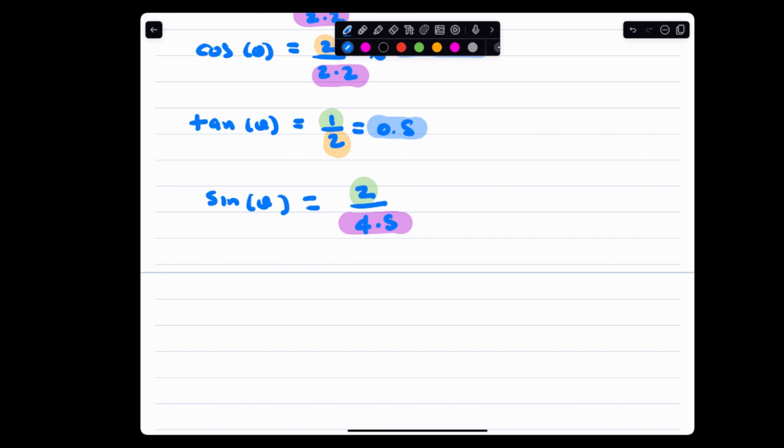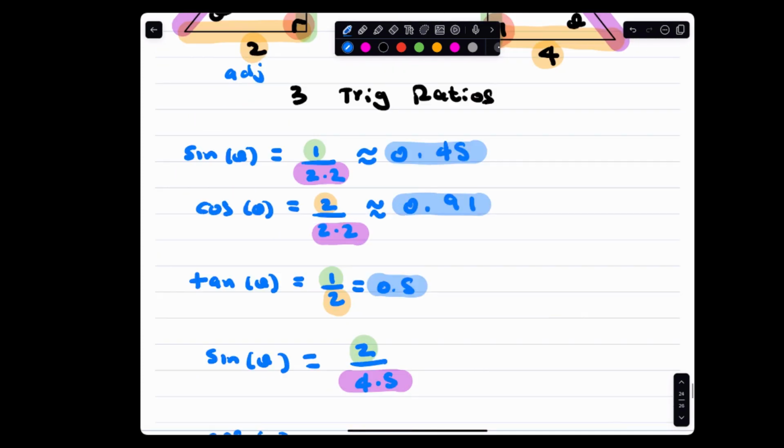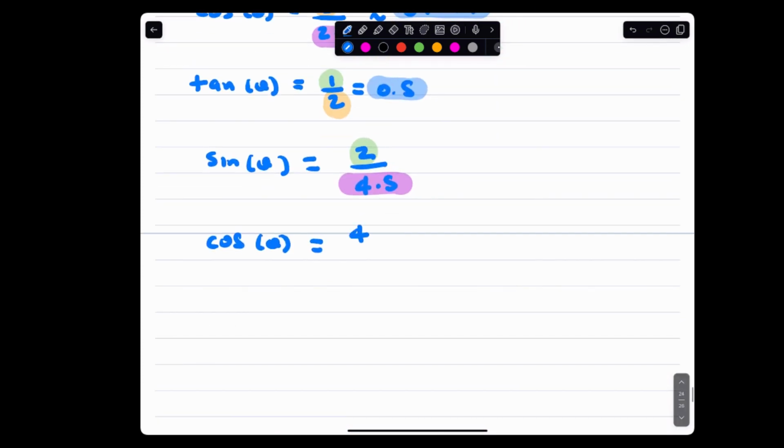Now, you guys are going to have what? Cosine. What is cosine going to be? Adjacent. 4 over what? 4.5. So you're going to have the adjacent side. Tangent is going to be what?